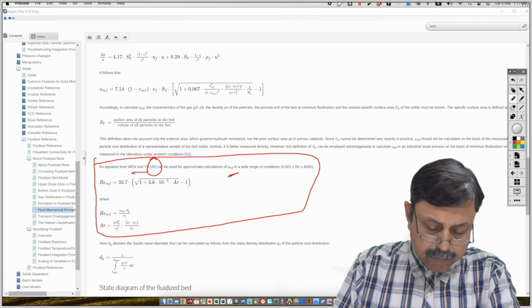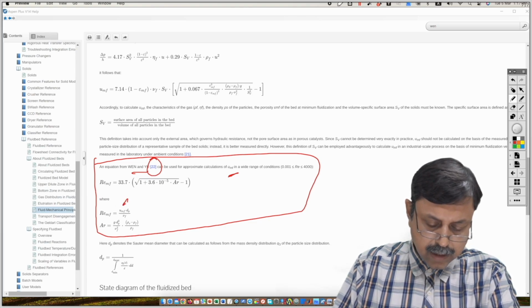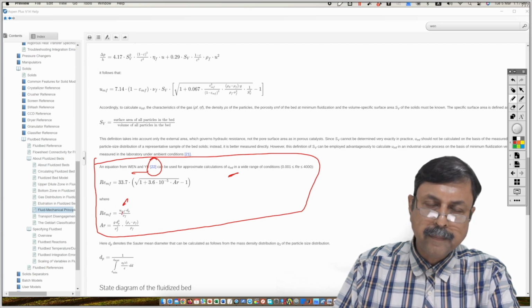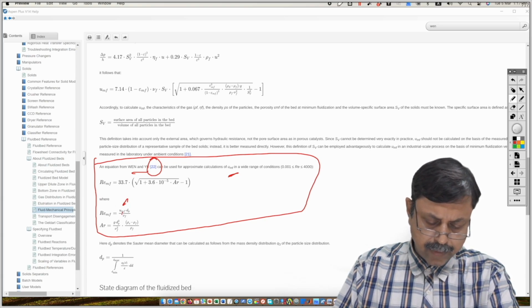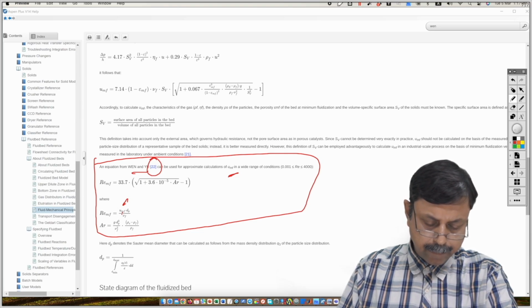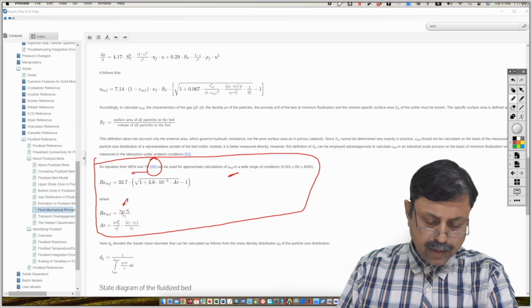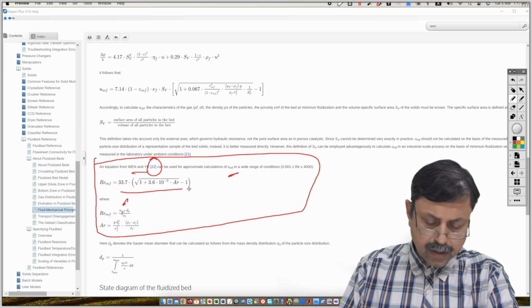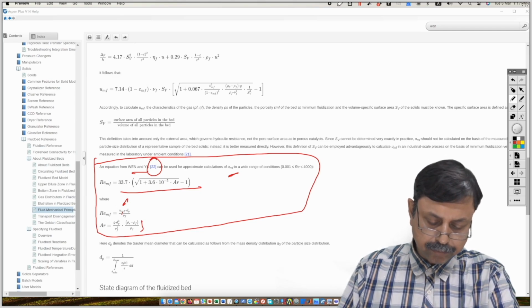So this is the minimum fluidization velocity UMF. So UMF multiplied by dP, that is the diameter of the particle, divided by nu f, the kinematic viscosity, will give you the Reynolds number, and that Reynolds number is a function of Ar, and this Ar is given by this ratio, rho s minus rho f by rho f.